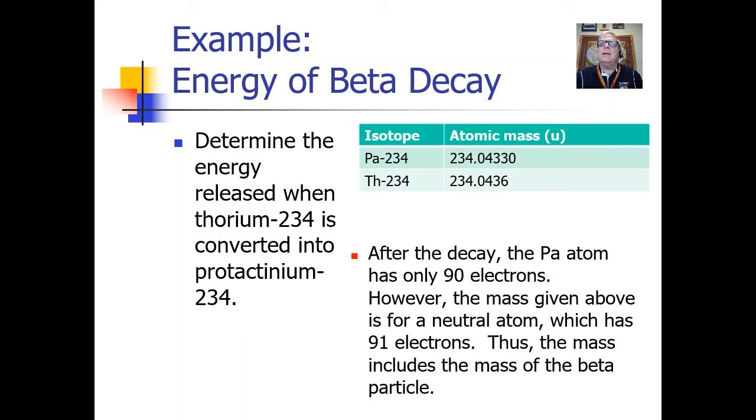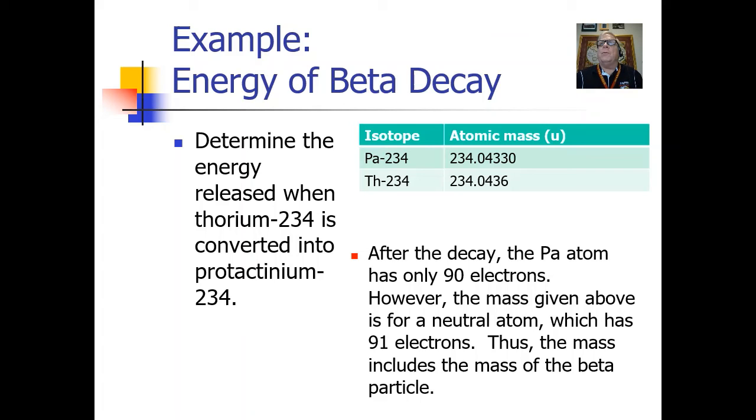Now, this particular protactinium atom, though, since it has the same number of electrons that thorium had, is only going to have 90 electrons. But the neutral protactinium atom would have 91 electrons because that's how many protons it has. And fortunately, we are given atomic masses for isotopes in terms of the neutral atom.